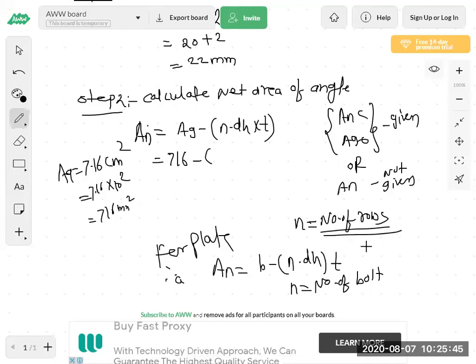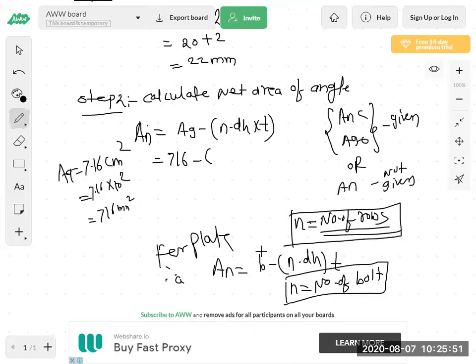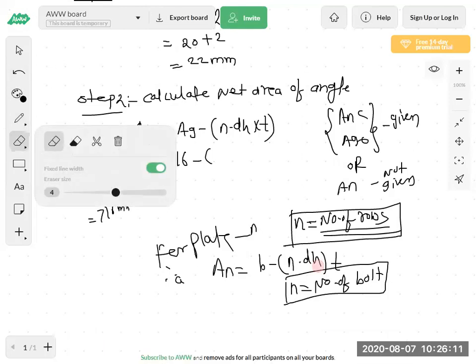Are you getting, everyone? So these two you have to keep in mind. When a plate is there, number of bolts are considered, because the plate has two dimensions higher. Here dimensions are not greater, so here we have to consider number of rows only.